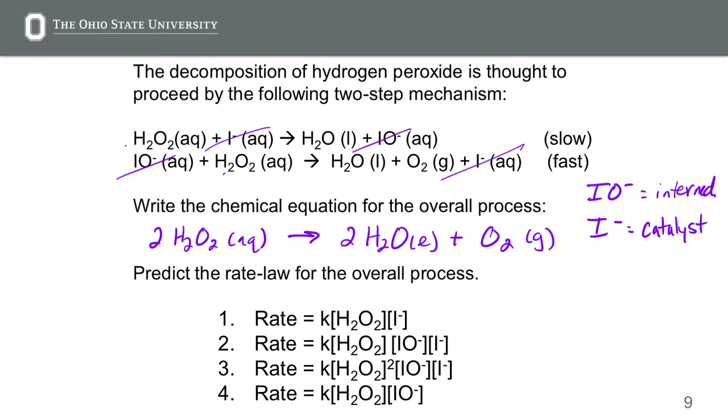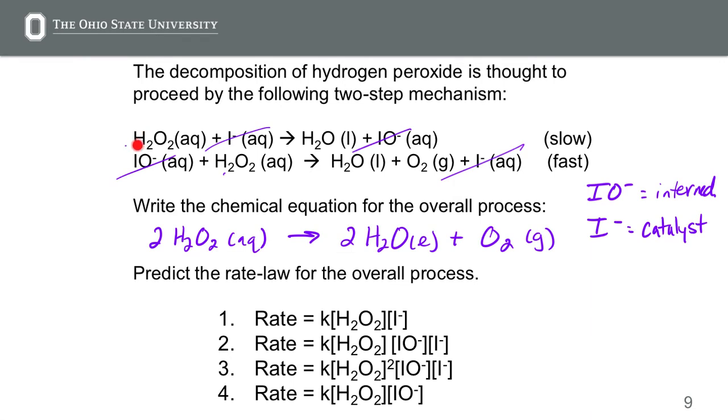So because we have two elementary steps combining to form our overall process, we need to determine what the rate law is for this overall process. We can't just look at our overall reaction and know what the rate law is going to be. However, we are given two pieces of information.